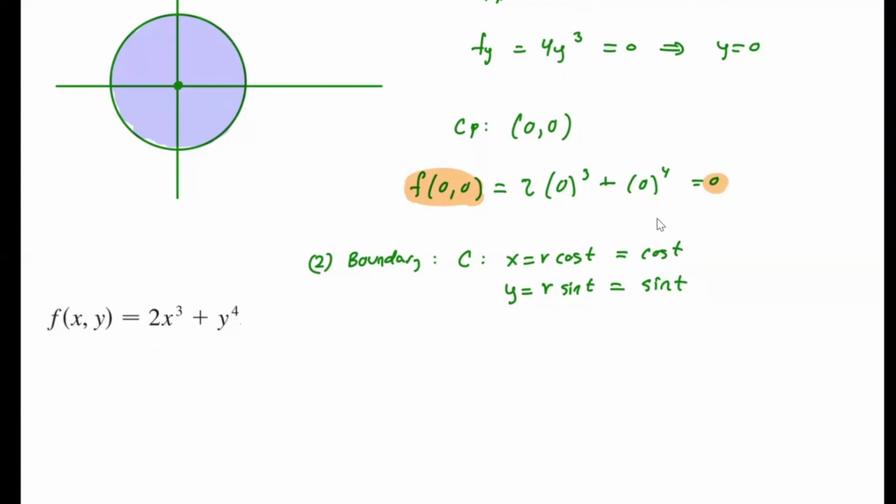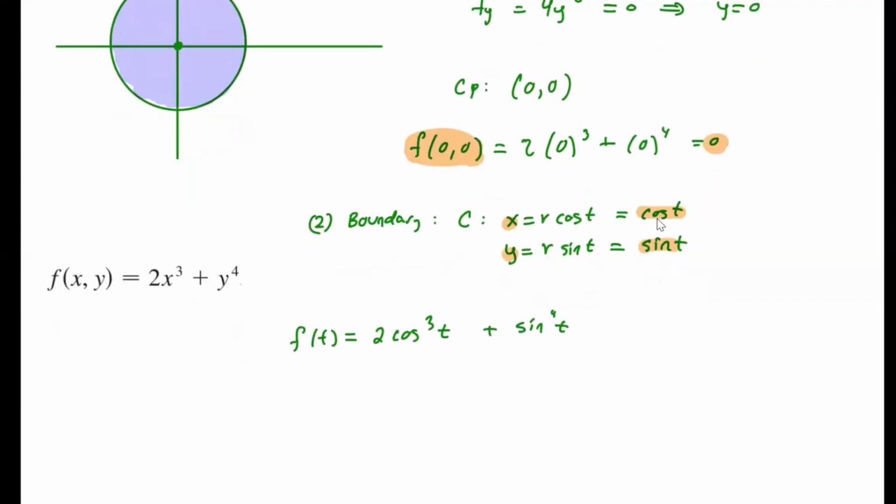So the boundary will be represented as a function of t. So x is cosine of t, y is sine of t. I'm going to substitute them into my original. That'll be 2 cosine cubed t plus sine to the 4th t. All right, so I replaced them into my original.